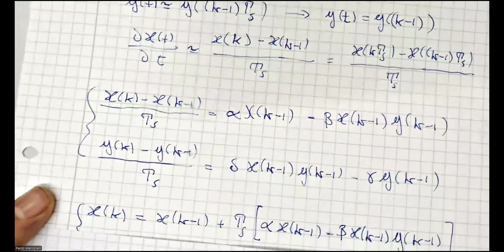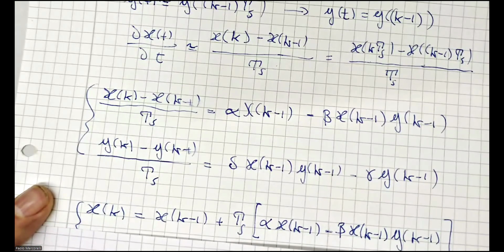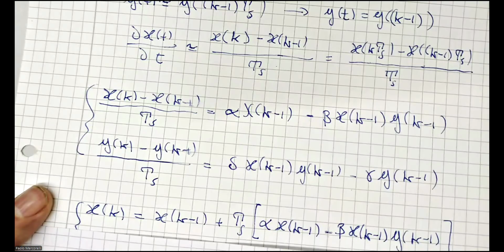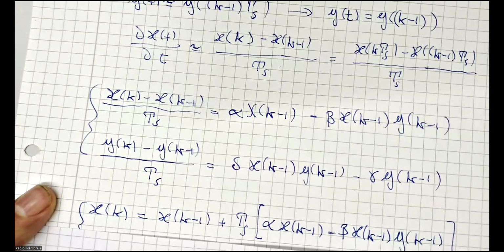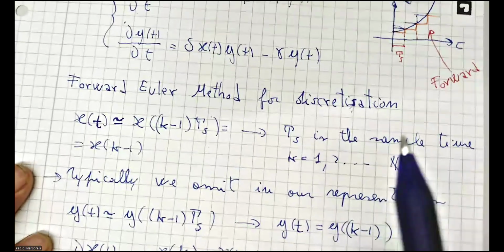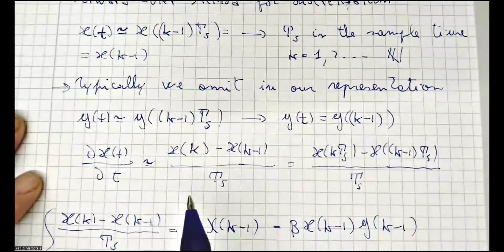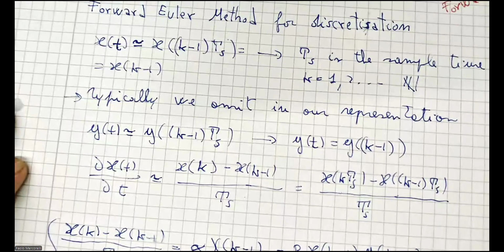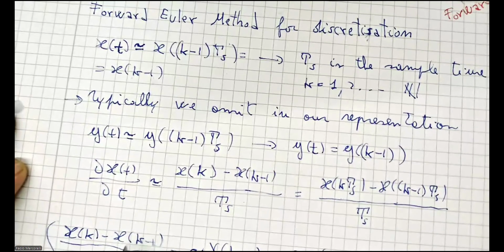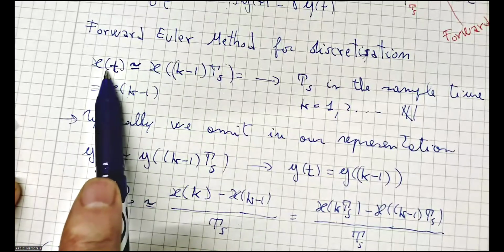Before explaining the discretization of the system, I would like to give you one indication about the difference between backward and forward. The basic difference is not in the way to approximate the derivative, but in what I am considering as the actual value.